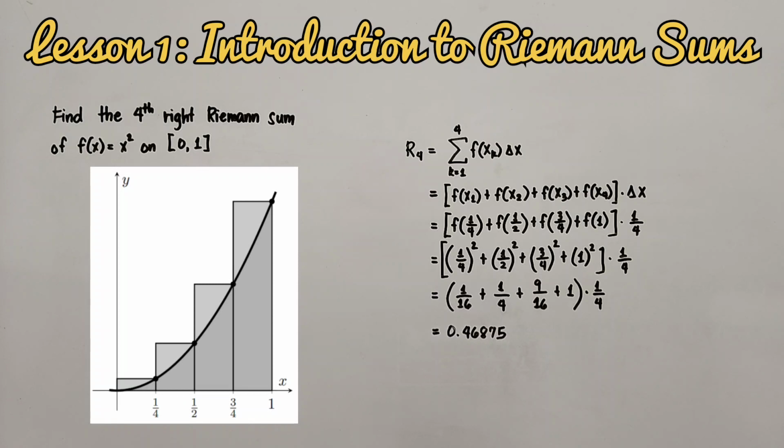And since the function is f of x equals x squared, we square those numbers. So we have 1/4 squared plus 1/2 squared plus 3/4 squared plus 1 squared, times 1/4. That is equal to 0.46875. So this is the approximate area of the region using the right Riemann sum.